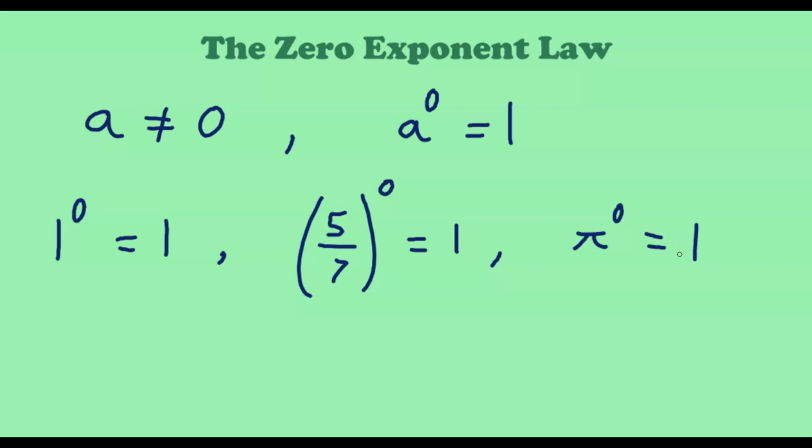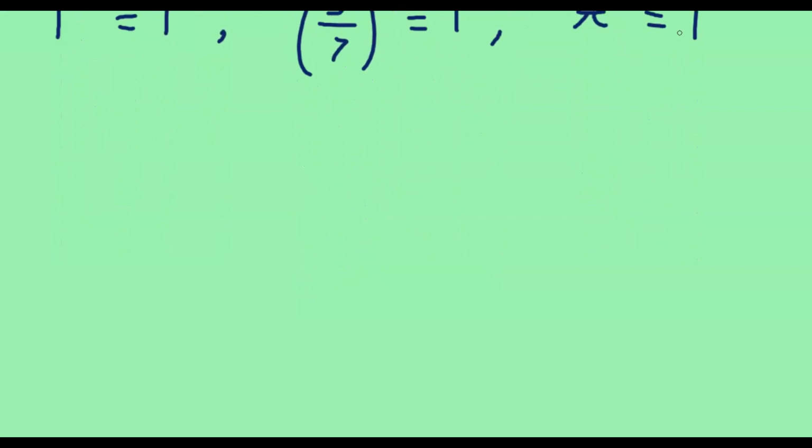So now let us consider why the zero exponent law works. Let us consider any non-zero real number a, and let us raise that to the power of m, where m is some non-zero real number.